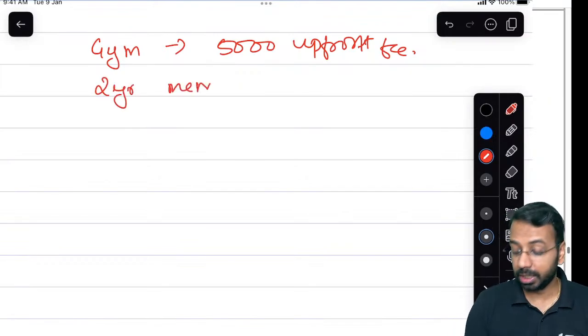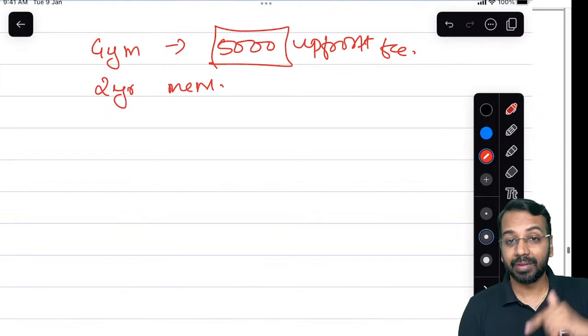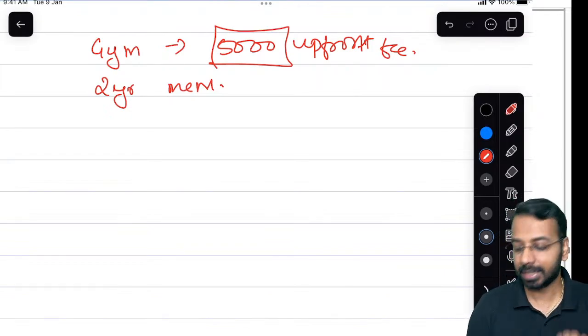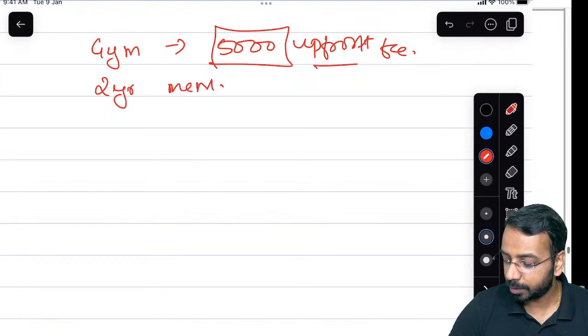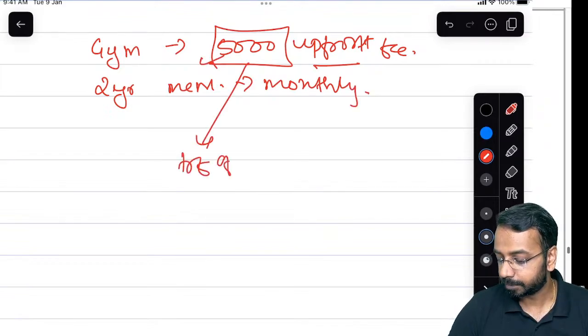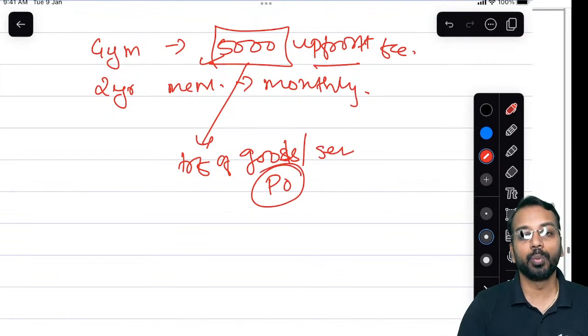Now the question here is, should this 5,000 upfront fee be considered as revenue immediately, or should we proportionate it over 2 years time? So this is an upfront fee, 2-year membership on a monthly fee. So what the guidance says is, if this 5,000 results in transfer of goods or services or satisfaction of performance obligation, then you will recognize it upfront.